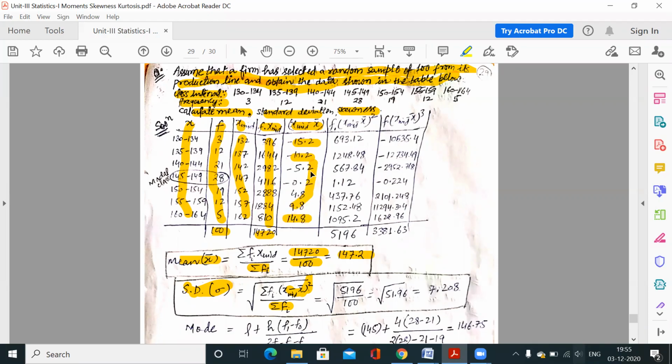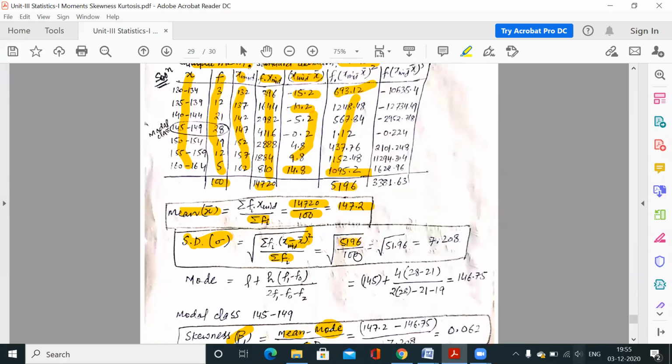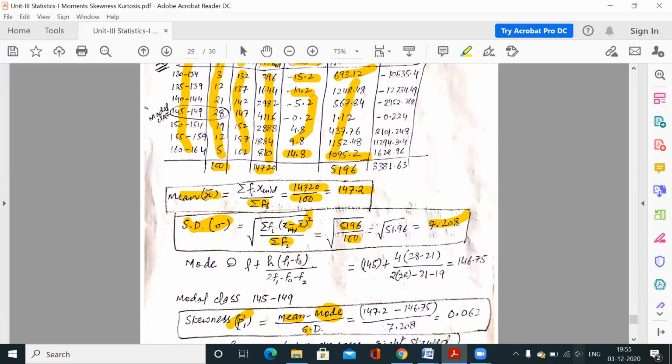Now f into the square of this difference: frequency 3 into the square of this, 5 into the square of this, and like this we have all the values. The sum is 5196, summation fi is 100, so this is 7.208. So we now have the mean and standard deviation.